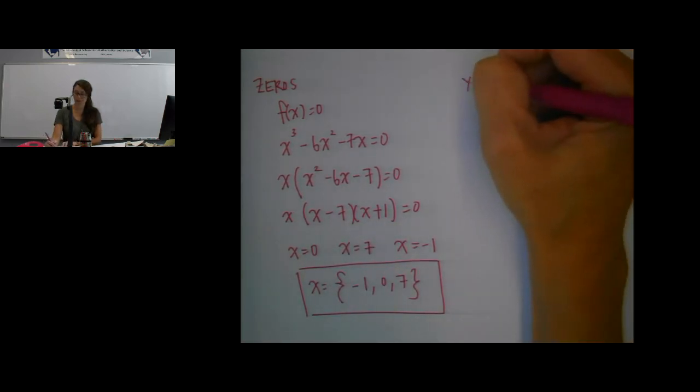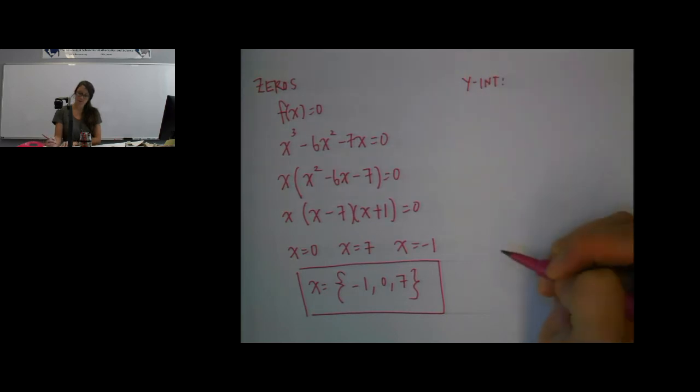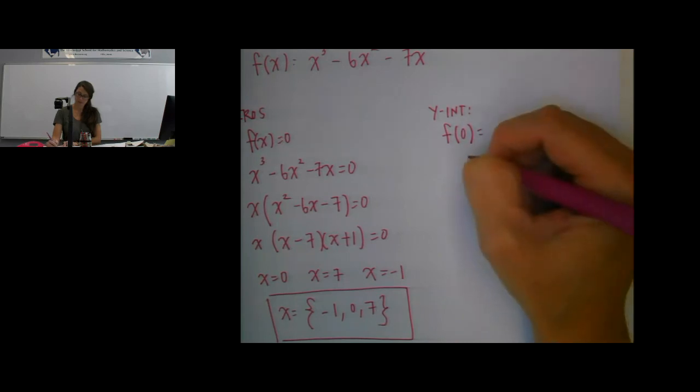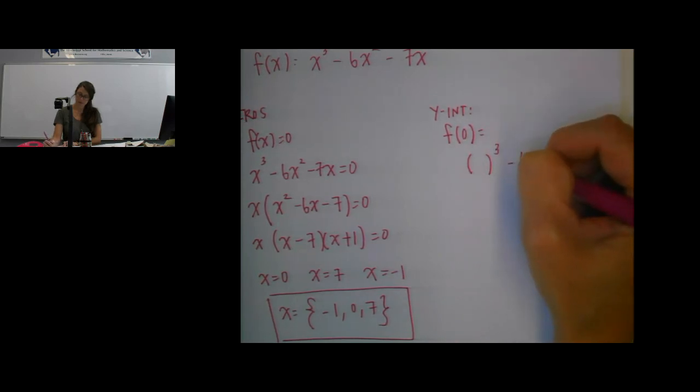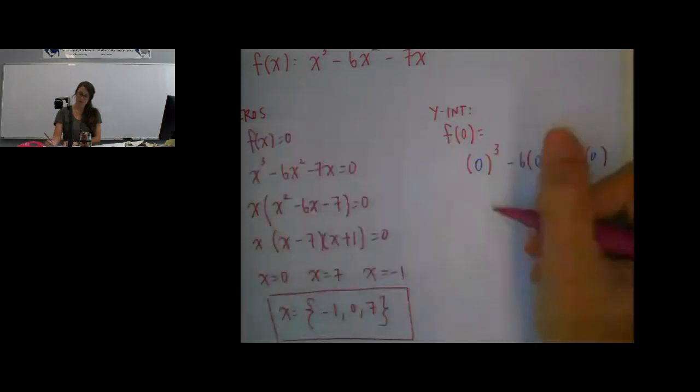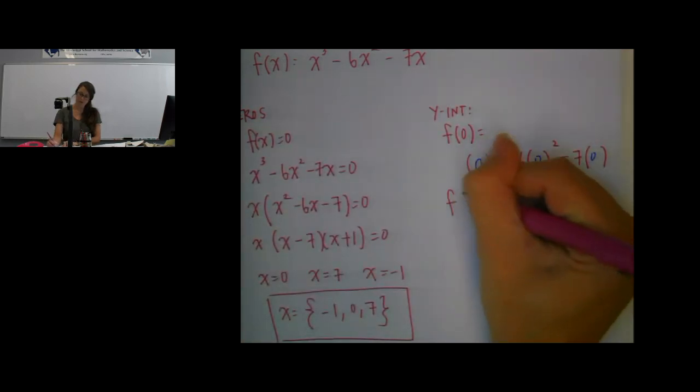The y-intercept is where the function is evaluated at 0. So that'll be 0 cubed minus 6 times 0 squared minus 7 times 0. So the y-intercept is actually going to be at (0, 0).